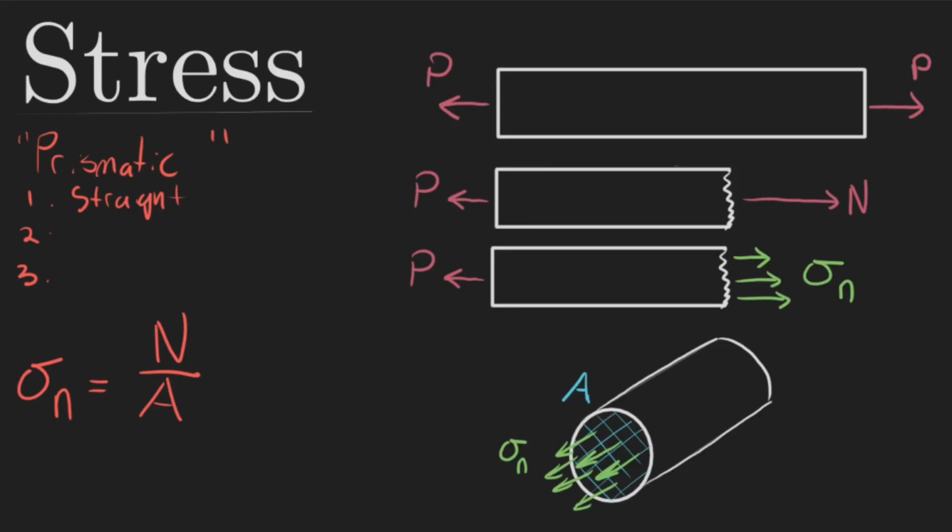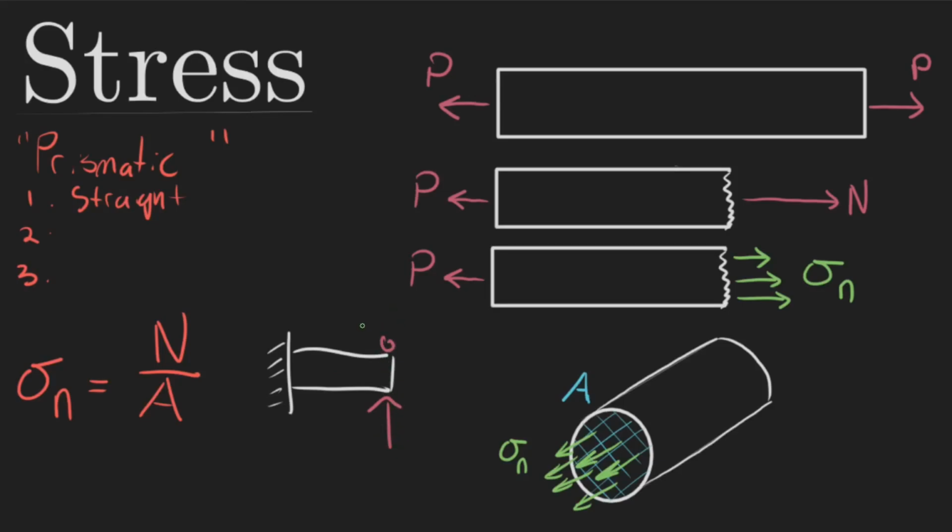But if we were to have a beam that looked like this, fixed at one end, and then I put a load vertically instead of axially, intuitively you know that it would want to bend upwards, because there's not something in line with this force to support it.